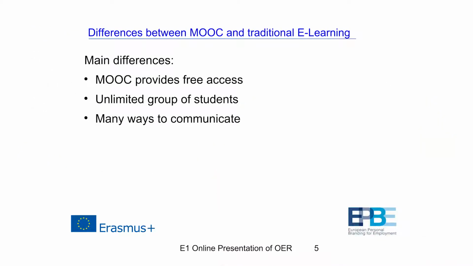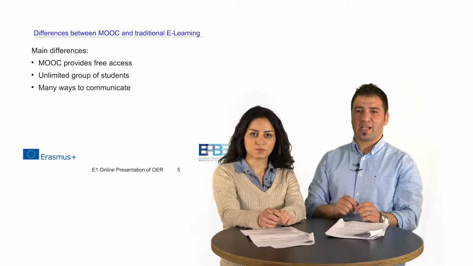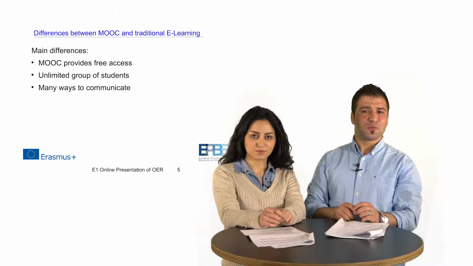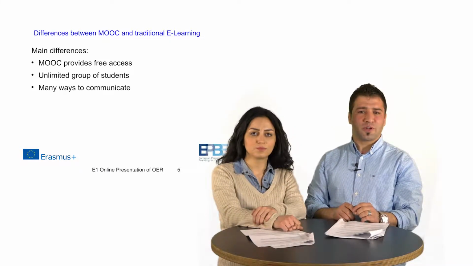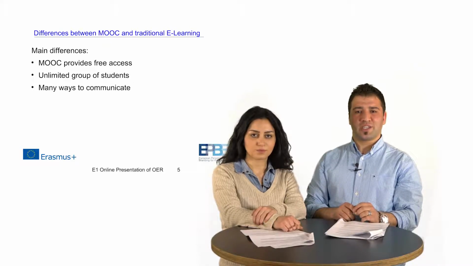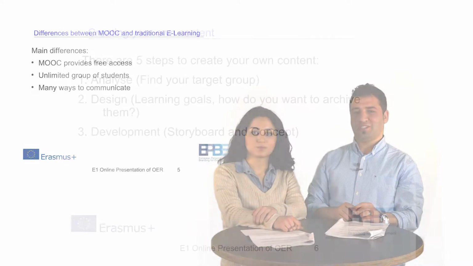The difference between MOOC and traditional e-learning is mostly the open nature of MOOCs. You always have an open environment, free access, and not a limited group of students. You get not only support from the teachers, you also can get help with a range of communication tools and the support of the community.